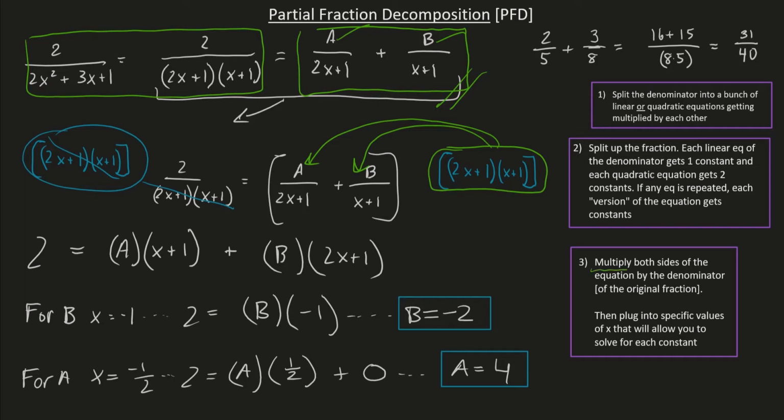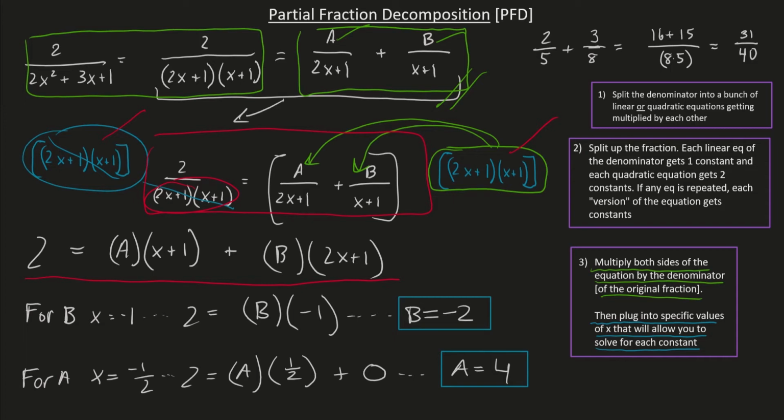So first we multiplied both sides of the equation by the denominator of our original fraction. So here is our equation, the denominator of our original fraction, and we multiplied both sides of the equation by it. And we got some cancellations, did the algebra, and ended up with this equation right here. And then we plugged in specific values of x that would allow you to solve for each constant. This is where you kind of have to look at the equation and see what the right thing is to do.